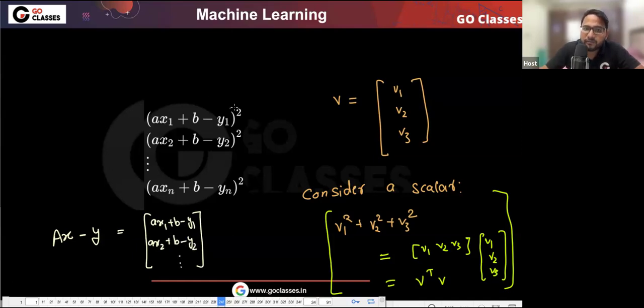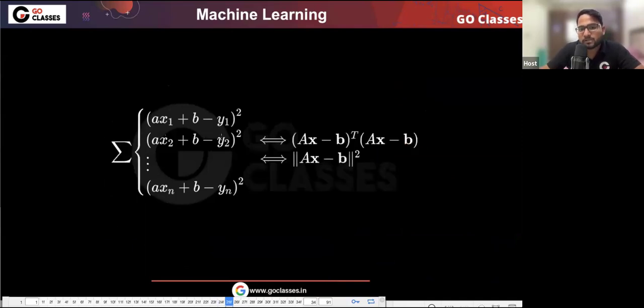Now, if I'm summing up all of this, can I not say that, since I'm summing all of this, this is a scalar, both are scalars?